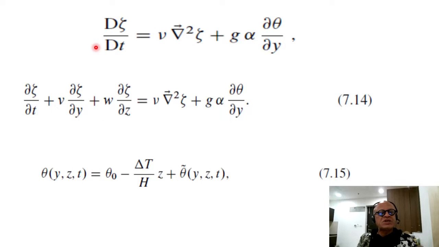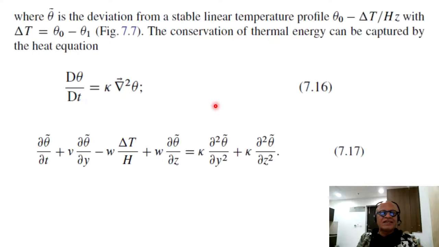Okay, so the equation here is expanded into del zeta del t plus v del zeta del y plus w del zeta del z equals the viscous term nu del squared zeta plus g alpha del theta tilde del y, where theta tilde is the deviation from the stable linear temperature profile that we assumed, theta 0 minus delta T over H z. H is again the scale height, with delta theta just theta 0 minus theta 1, as we saw before.